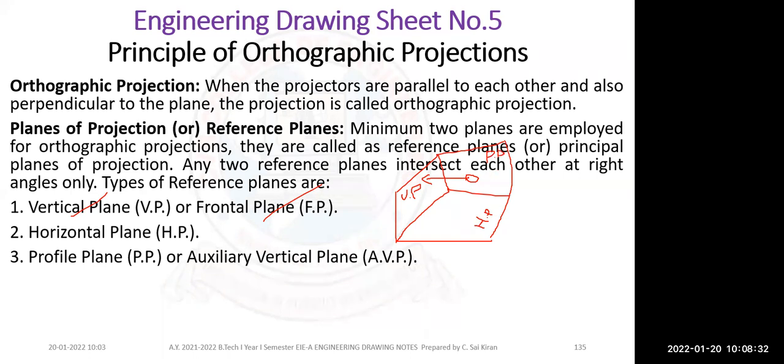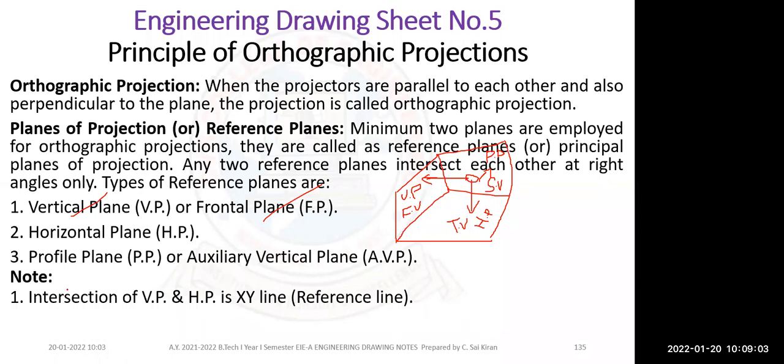Suppose this is my object: the front view of the object is projected on the vertical plane, the bottom or top view is projected on the horizontal plane, and my side view is projected on the profile plane. Minimum two planes are required, vertical and horizontal. But if the side view is complicated, then I need to see the side view of the object on the profile plane.